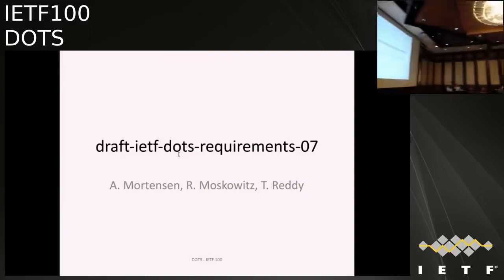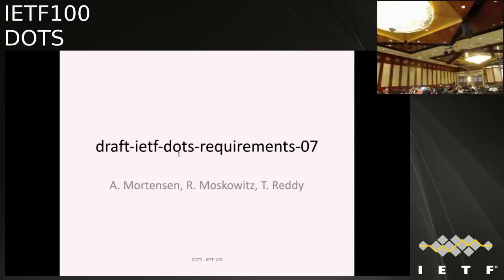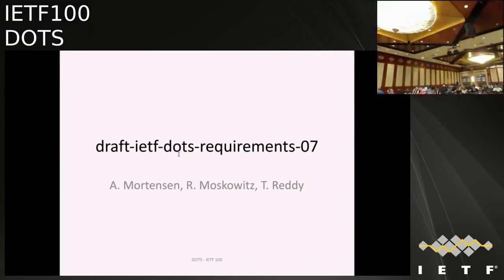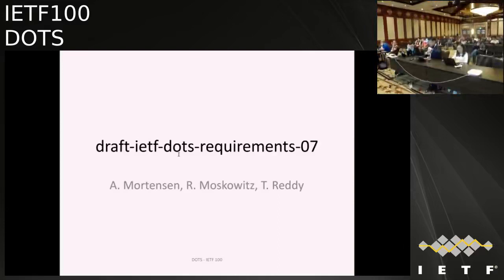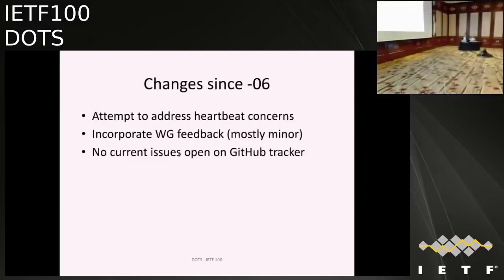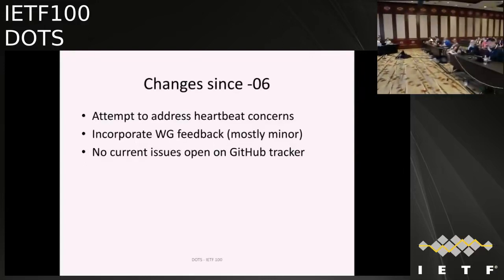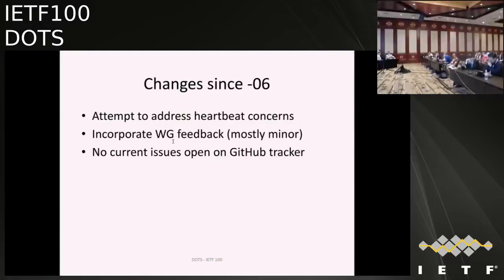We'll start with a pretty brief overview of the remaining work with the DOTS requirements draft. This is revision 07. I think the major work is really an attempt to address some heartbeat concerns that were brought up at the IETF 99 meeting in the wake of some implementer feedback.